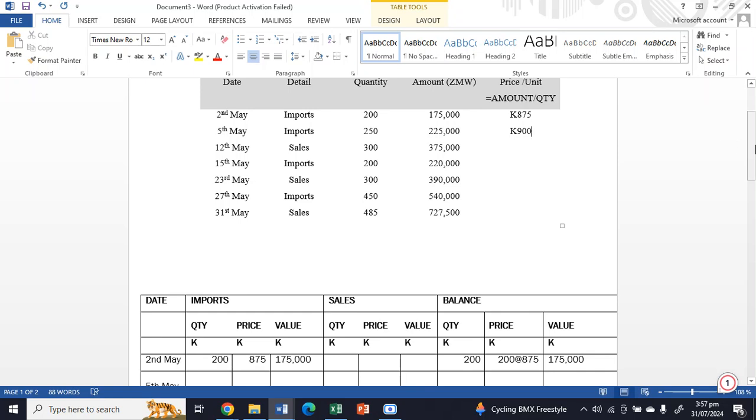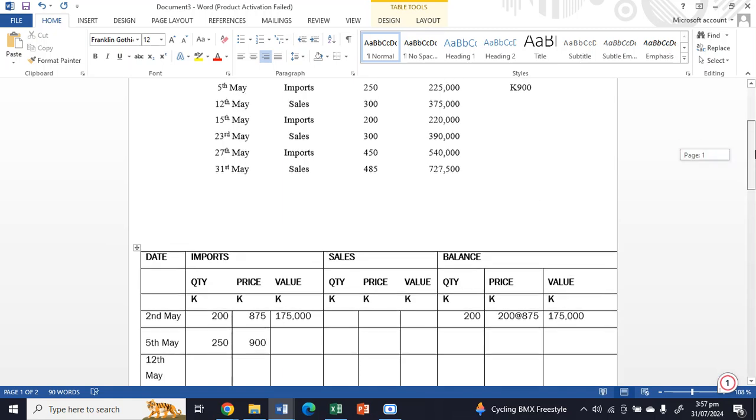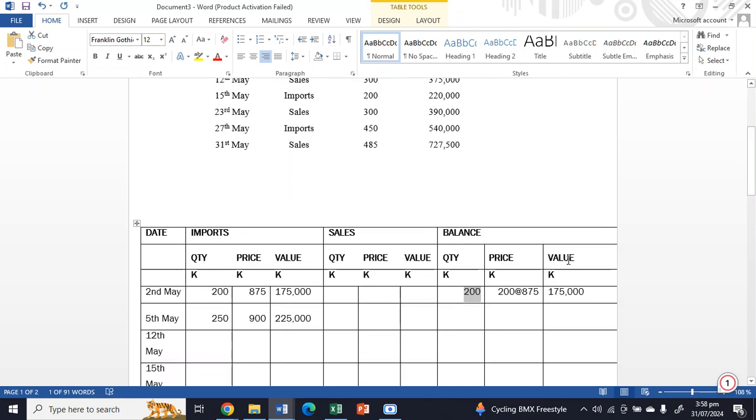All right, so we come on our stores ledger here, 5th May. We brought in 250 goods. Each of them costed 900 kwacha. We paid a total of 225,000 kwacha. Okay, so here, initially we have 200 goods. Now we brought in an extra 250. So in total, we have 450 goods.